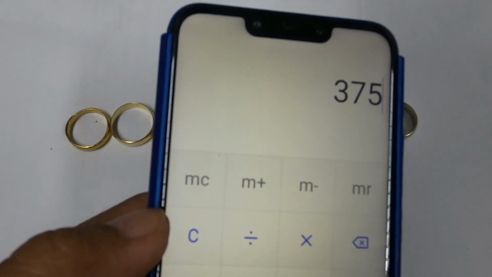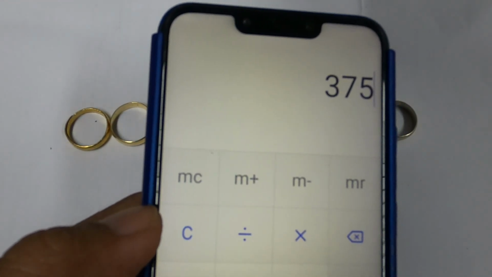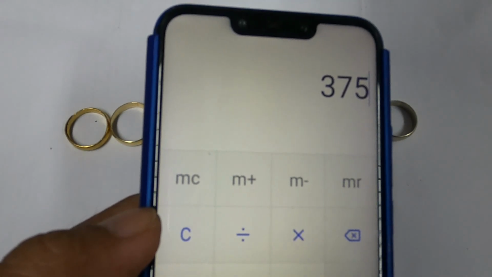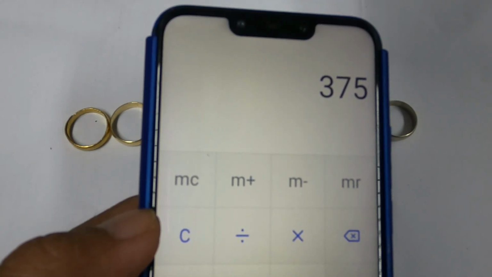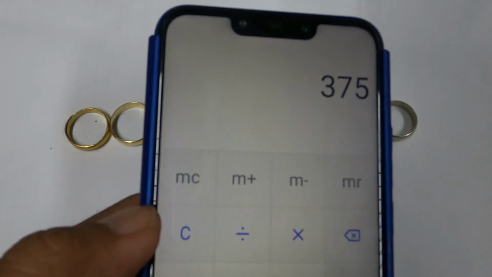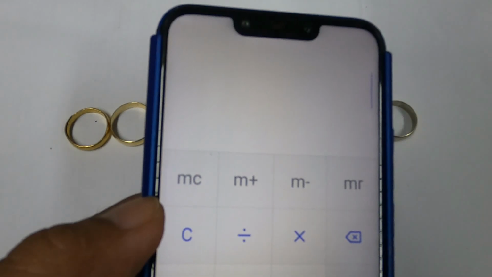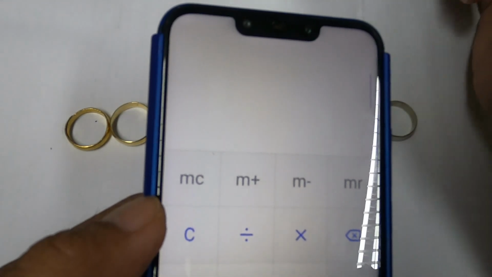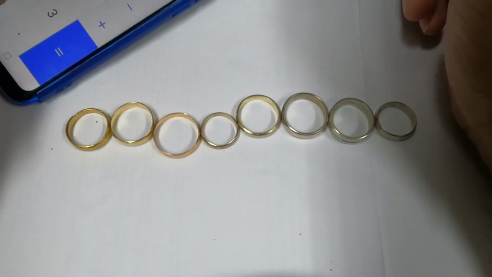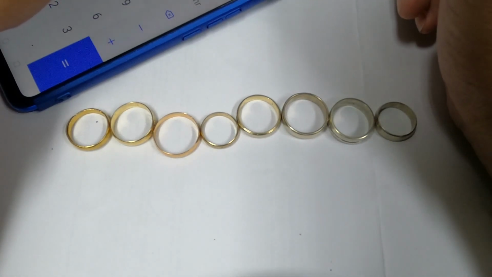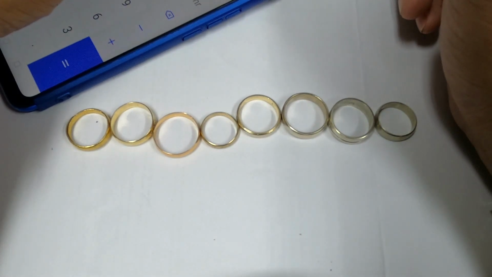So that's it. That's how to calculate the karat of your jewelry, so that you will understand what is that stamp on your gold. Why do I have 375? Why do I have 585? Why do I have 916, 875? So that is the only formula.